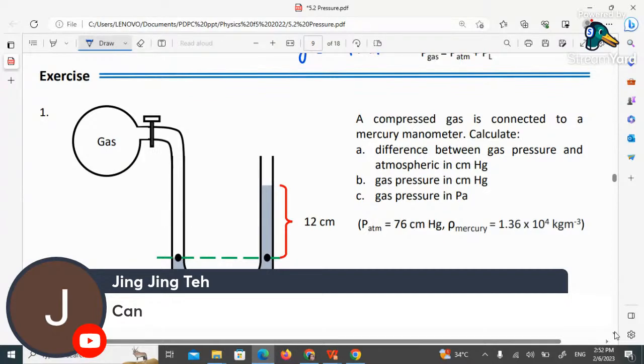C, gas pressure in Pascal. Wang Sunjian answered 12 cm mercury.